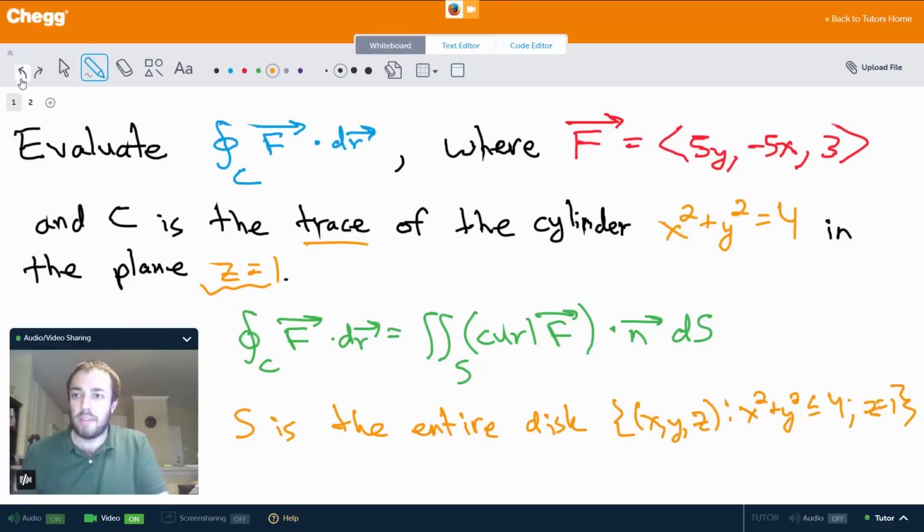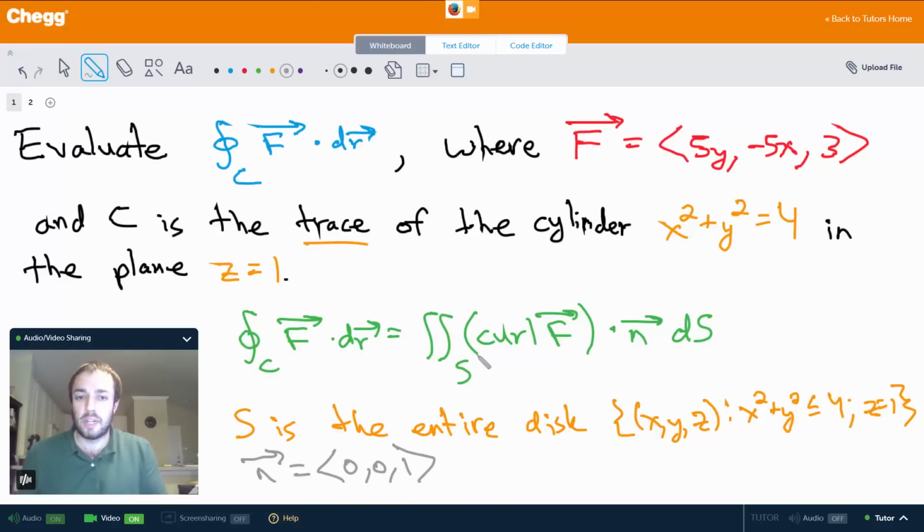Because of that, the outward unit normal vector n is (0, 0, 1), assuming our surface is oriented upwards, which if we're not told otherwise is a good assumption to keep things simple. It's pointing outward in the direction that the surface is oriented, and it's a unit vector because its length is 1.